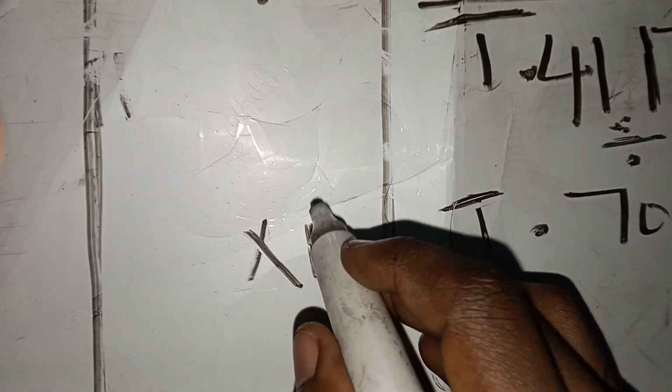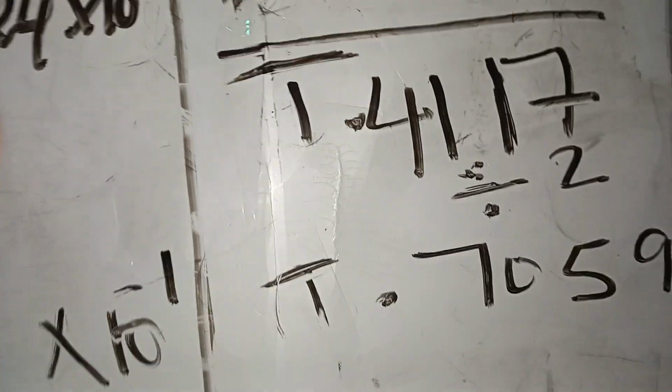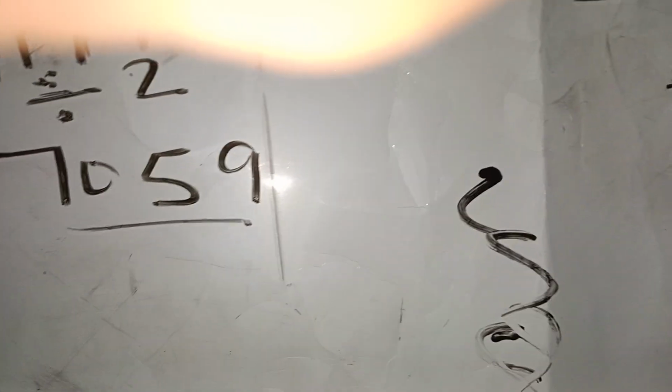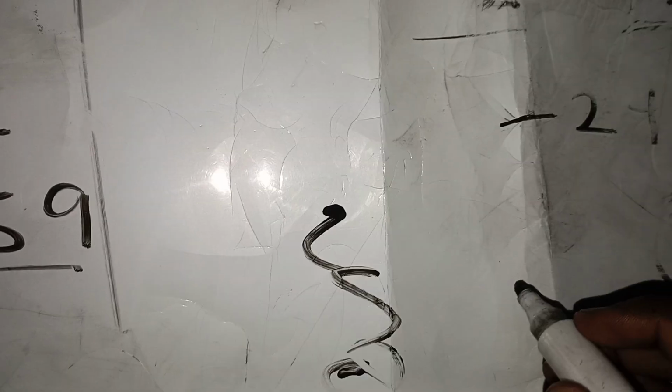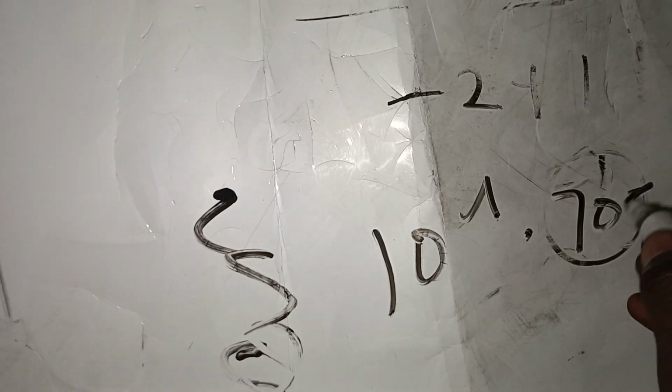This number means -1. We look at the anti-logarithm of here. Remember, if you are using a calculator, do like this: 10 to the power of this number.